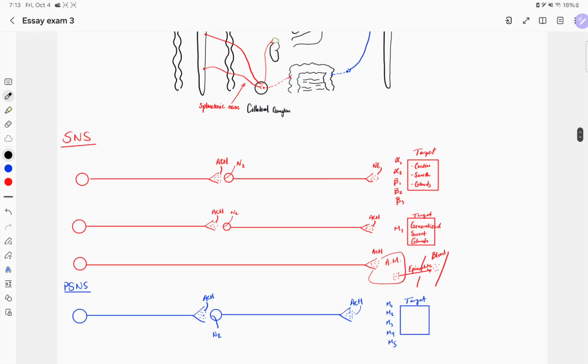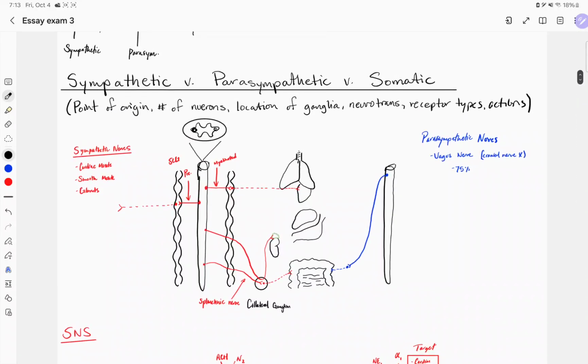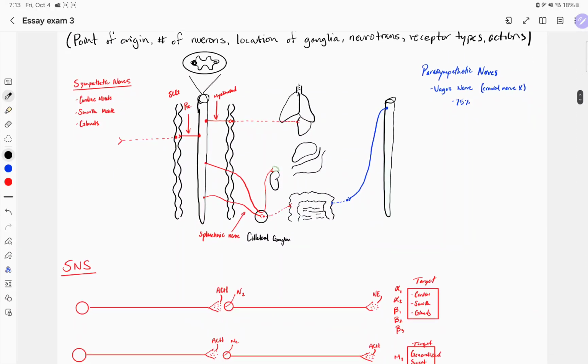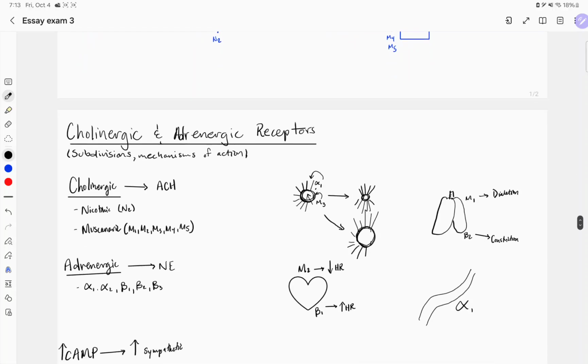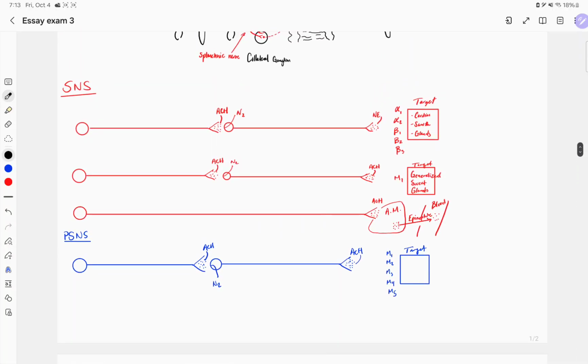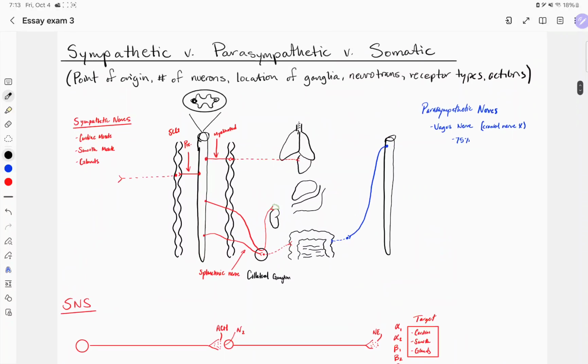So there you have it. We've discussed the sympathetic and parasympathetic nervous systems, differences between them, receptors that are involved, and how they can impact different organs or target effectors in the body.